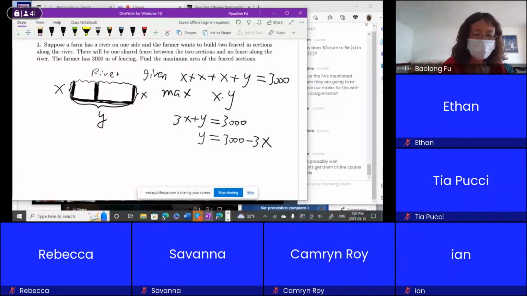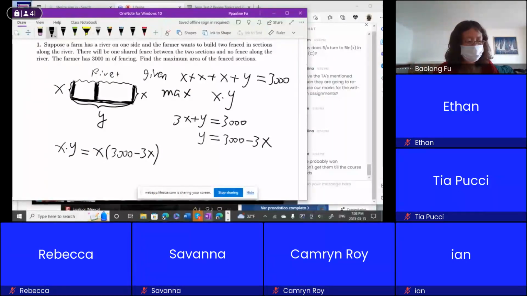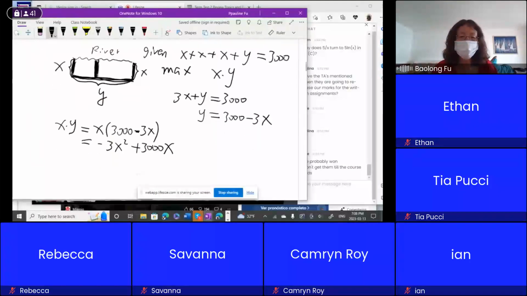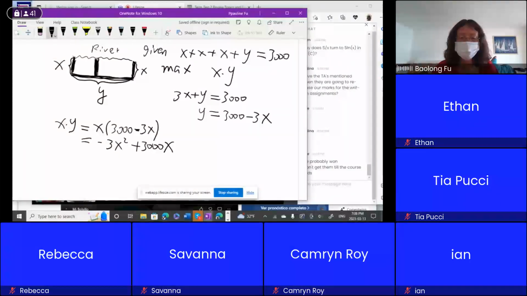Okay, so now our objective is to maximize the area. Area is x times y, and y is 3,000 minus 3x. Simplify this, you get negative 3x squared plus 3,000 times x. Usually we put the higher degree term in front of the lower degree term.